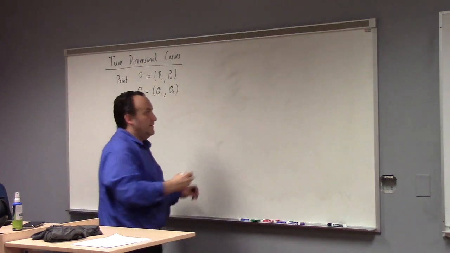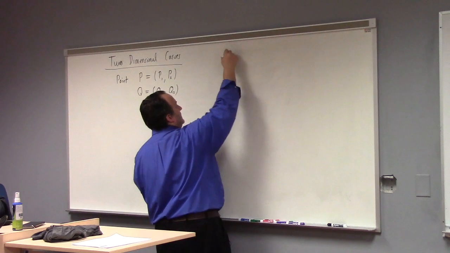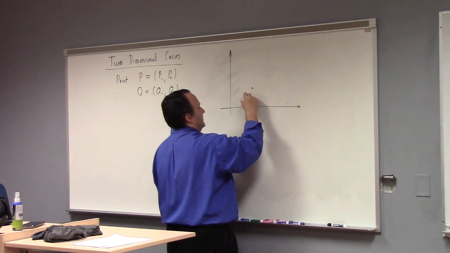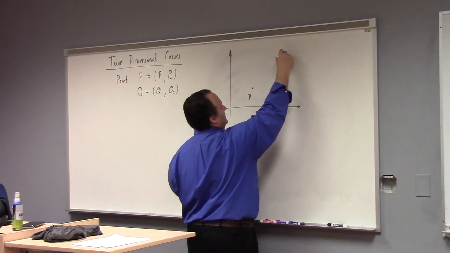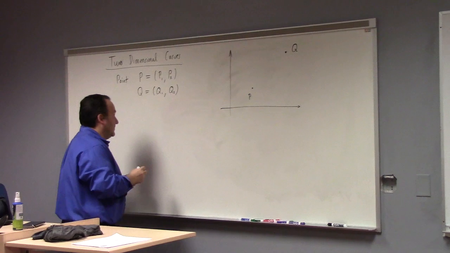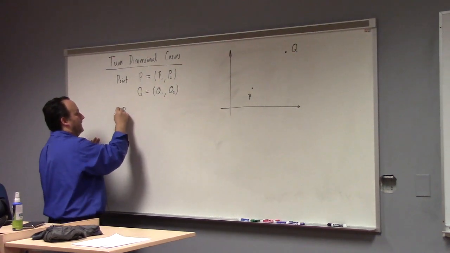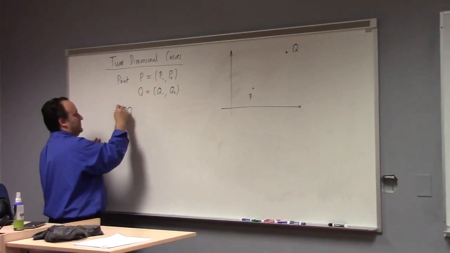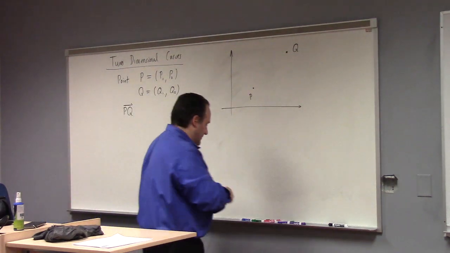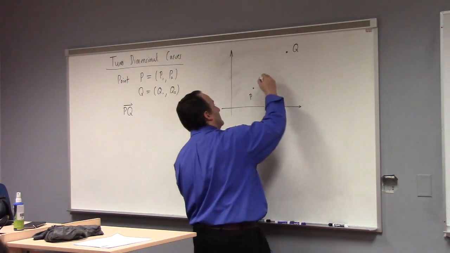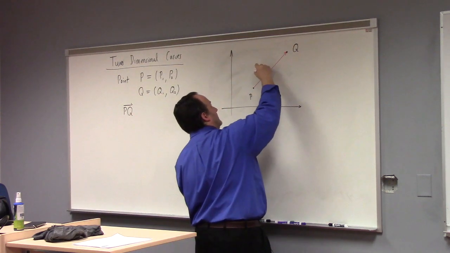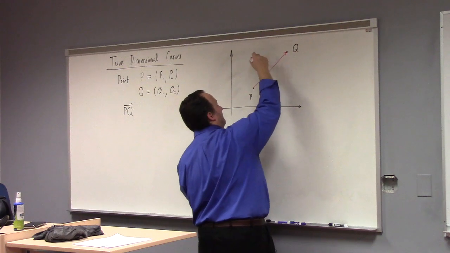And then if we graph these things, here's your, let's say, P, and here's your Q. You can also then talk about PQ. PQ is a directed line segment. It's a vector which goes from here to there, like this. This is the PQ vector.